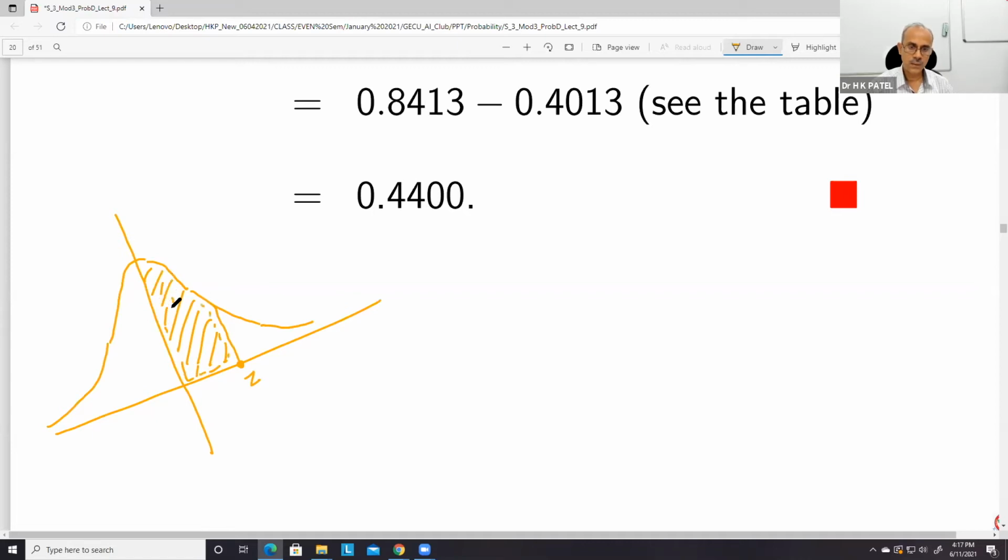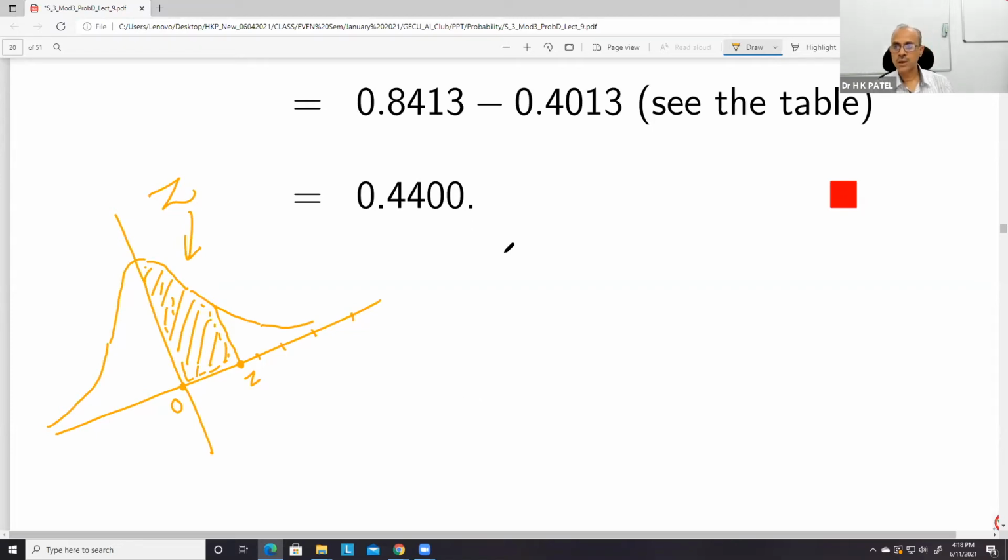So in this second type of tables, you'll find this is 0. This is z. Okay. So these values are given only for positive values. For example, say z1, z2, z3, or anything. These values are given only.